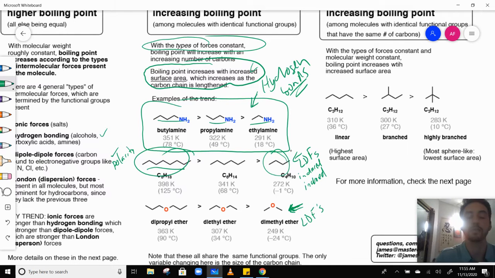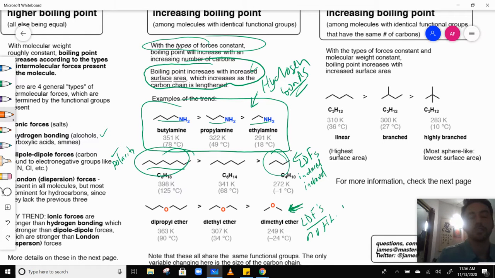So there are no H bonds here. In order to have hydrogen bonds, you have to have N with an H, O with an H, or F with an H. This oxygen doesn't have any hydrogens attached to it.